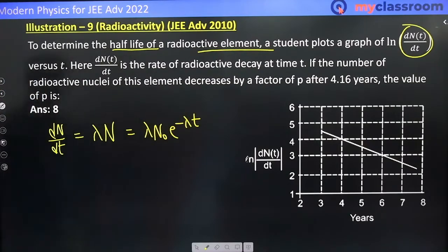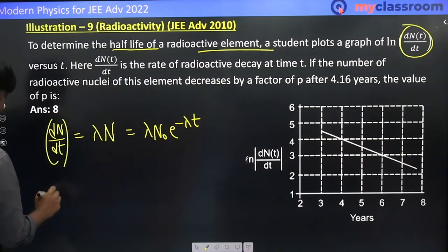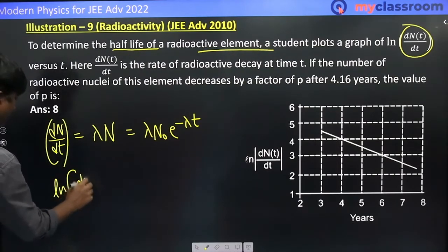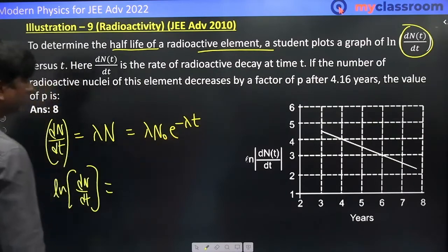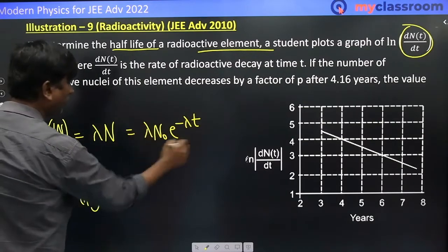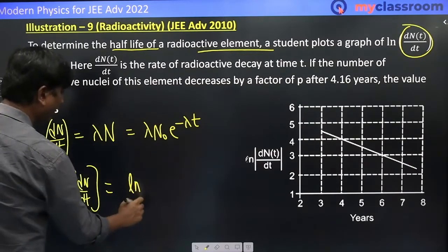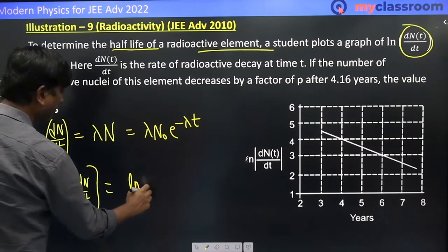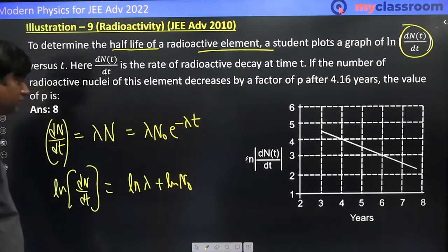Okay. So next what I will do is ln of dN/dt is equal to, 3 terms are there. So ln of all this can be written as ln of lambda plus ln of N naught.